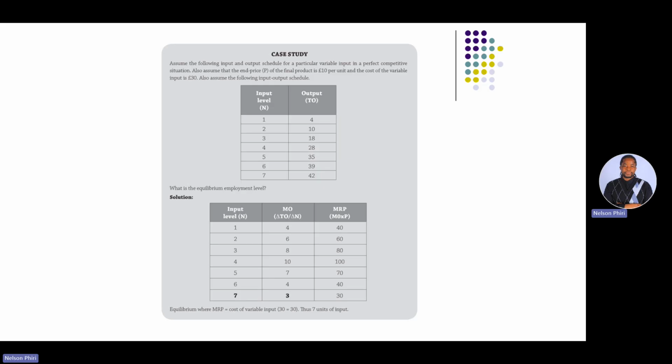So the important point to note is that you have to work out your marginal output. After working out your marginal output, you multiply by the final price of the product. Then you look at that output level where your MRP is equal to MFC, and that is where the output is 7. So very important calculation there.